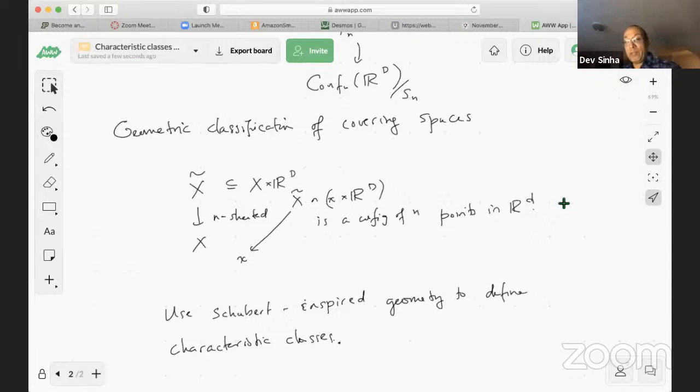It turns out that just 10 years ago, some collaborators and I used this Schubert-inspired geometry. We rediscovered a second kind of product structure in the cohomology of symmetric groups. And these characteristic classes for finite sheeted covers were really just first described as such in 2010.